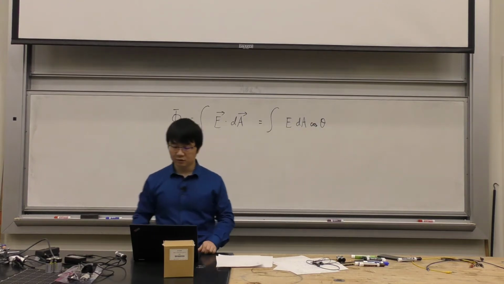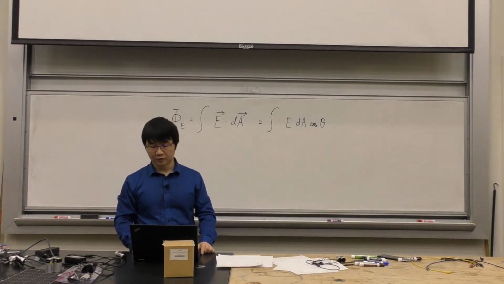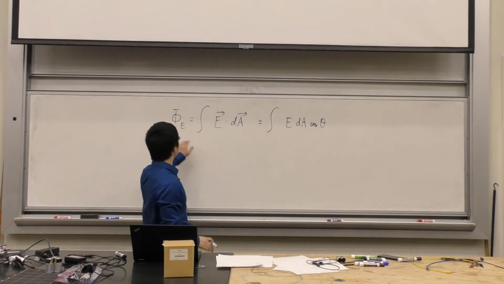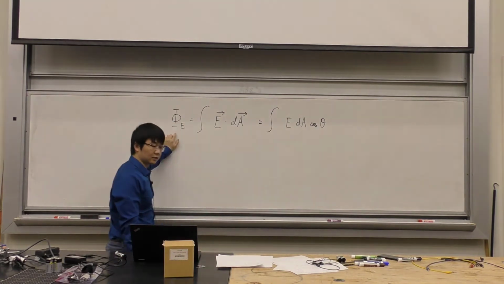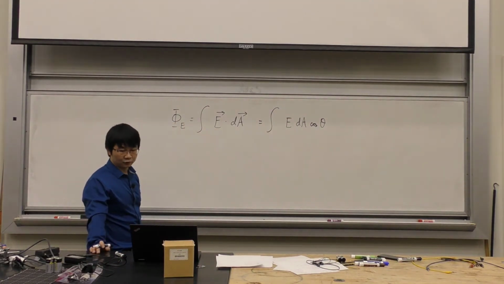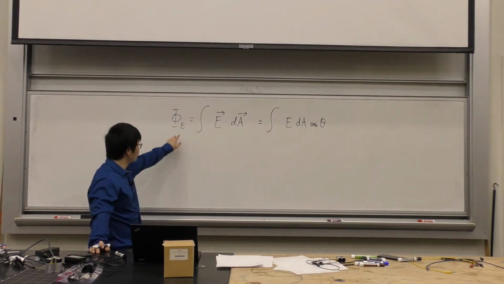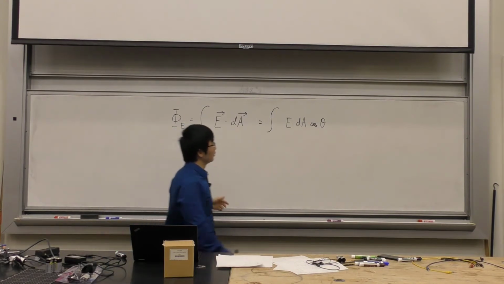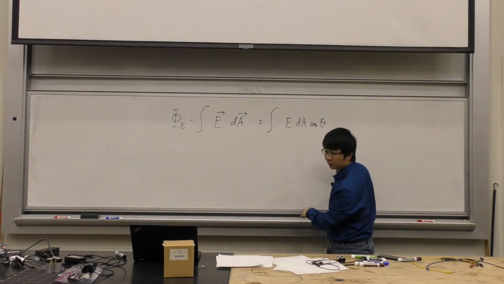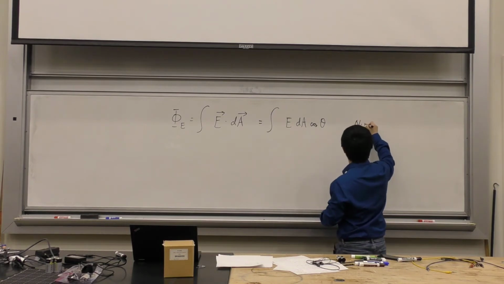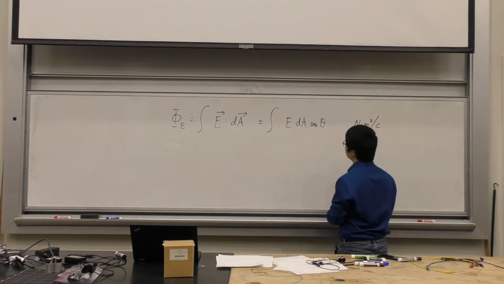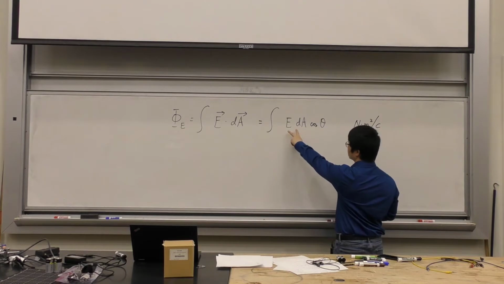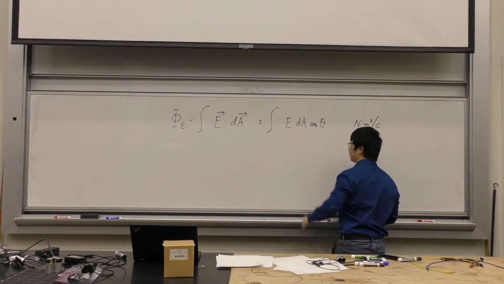That's the definition of electric flux. We use the symbol phi, a Greek letter, with a subscript E because we're going to define magnetic flux later. The unit is newtons meter squared over coulomb, the product of these two units.